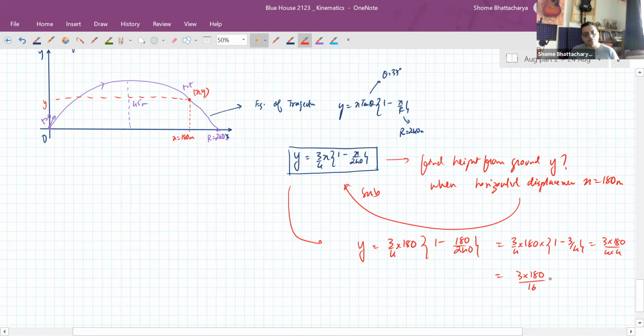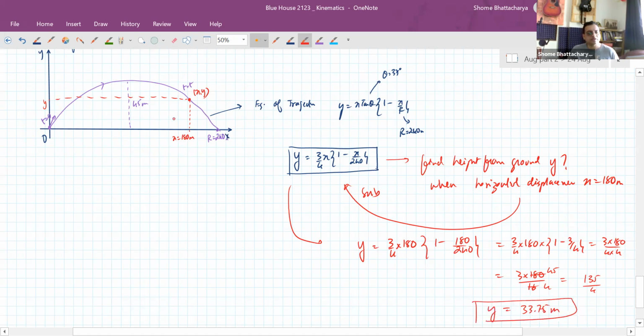If you divide 180 by 4, you will get 45. So 3 into 45 will give us 135, divided by 4. 4 3s are 12, so that gives 33.75 meters. So this will be the height at that instant.